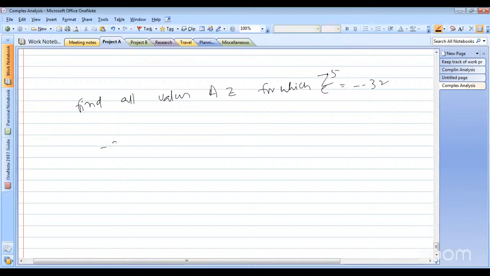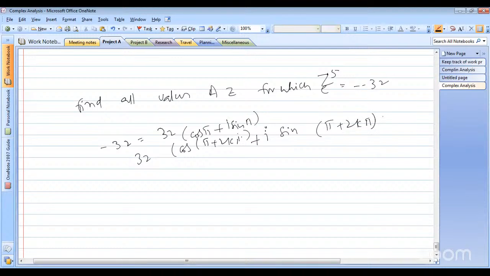So −32 = 32 (cos π + i sin π), which is 32 (cos(π + 2kπ) + i sin(π + 2kπ)), where k = 0, ±1, ±2.